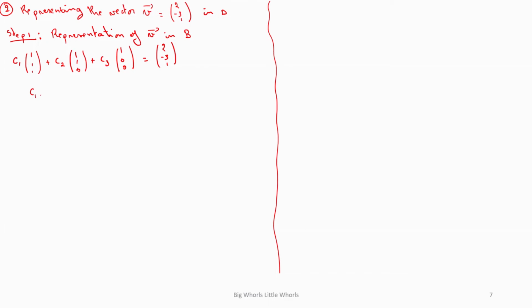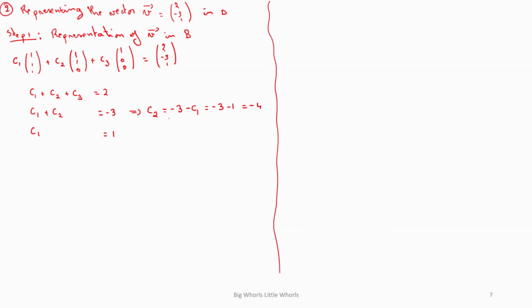So we have C1 plus C2 plus C3 equals 2, C1 plus C2 equals -3, C1 equals 1. By back substitution, C2 equals -3 minus C1, which is -3 minus 1, which equals -4.